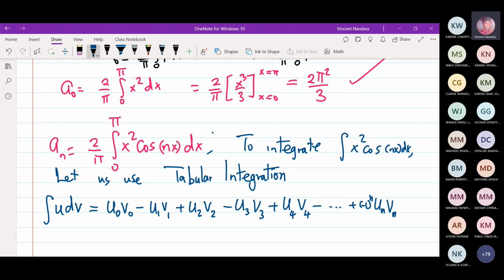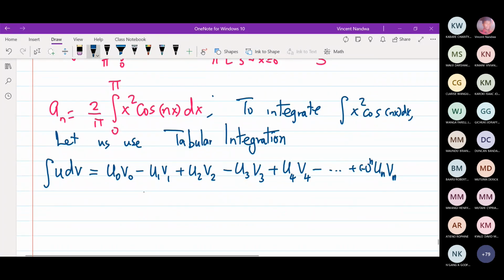It's just a special case of integration by parts, whereby the u naught and v naught are obtained in the first definition of the integration by parts, and then the u values are obtained by differentiation, while the v values are obtained by integration.